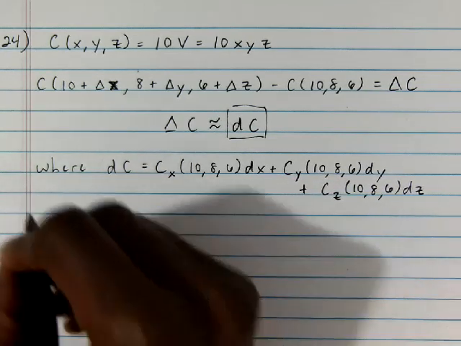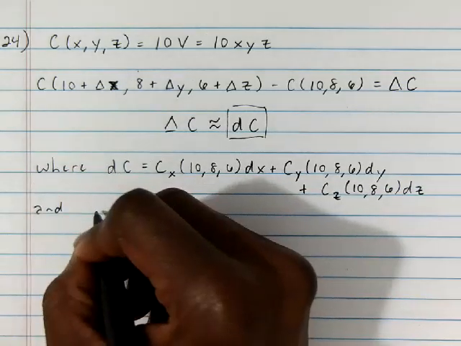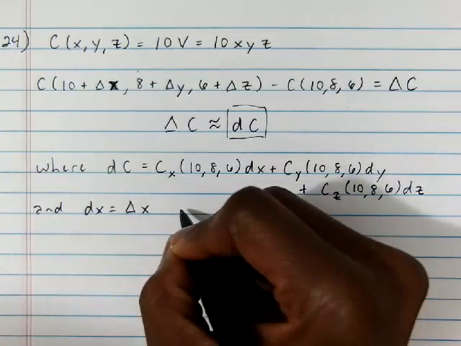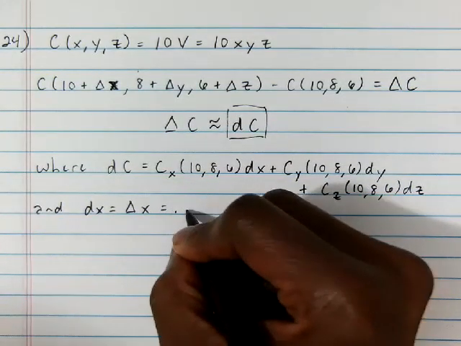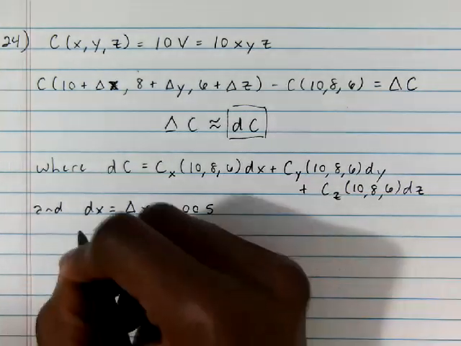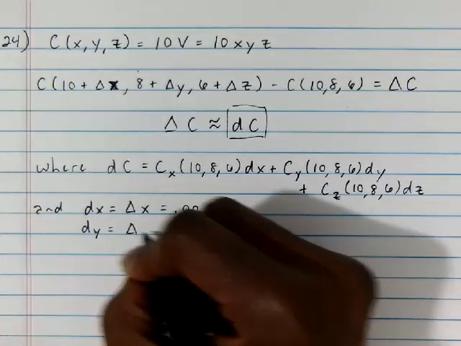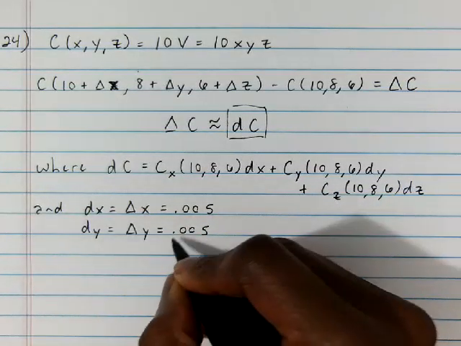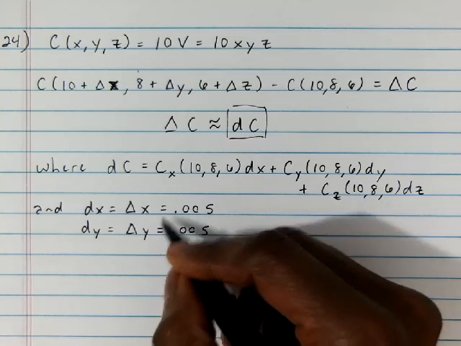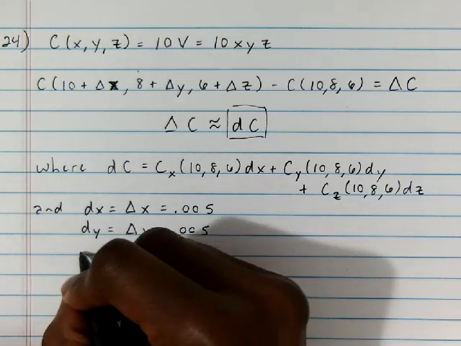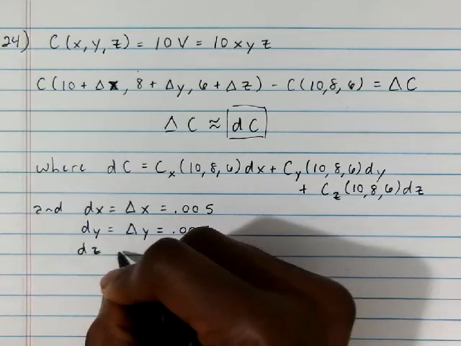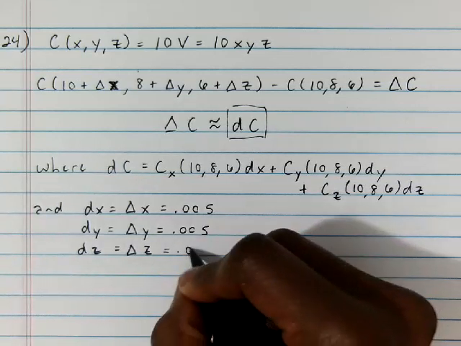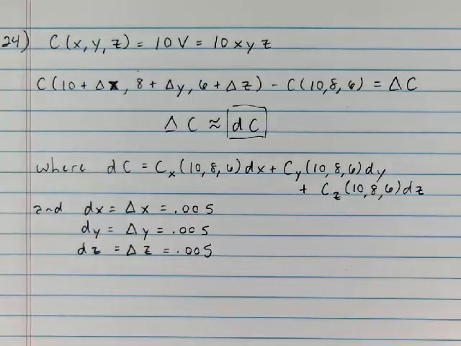So they gave us that. dx equals delta x, which was 0.005. dy was delta y, which is also 0.005. A lot of times on a problem like this, these will all be different. It just so happens they gave us the same thing for dx, dy, and dz. So don't think that has to be the same in general for problems.